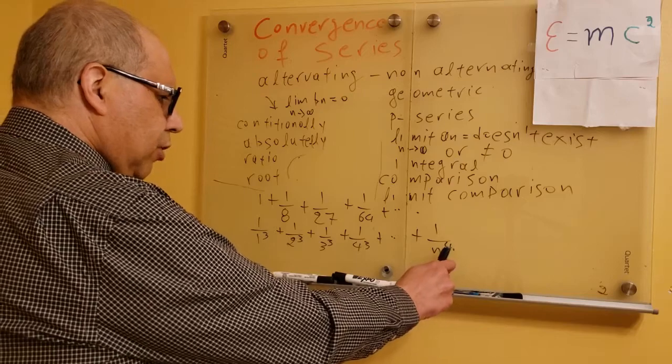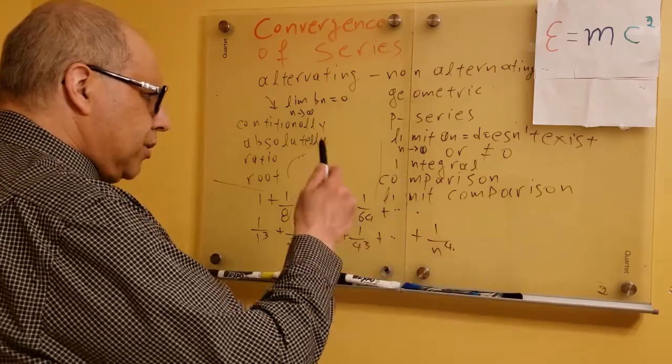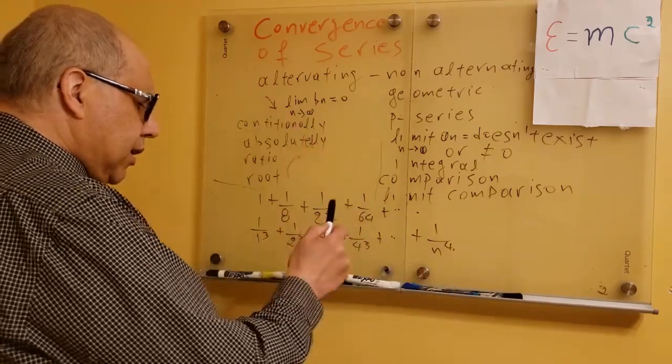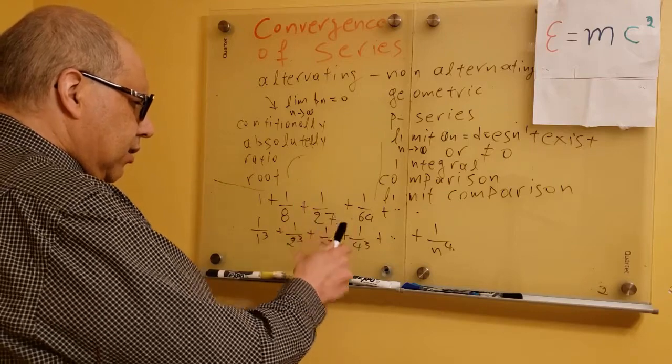Because the P here is equal to 3, so it's greater than 1, according to the P series test, this series is converging.